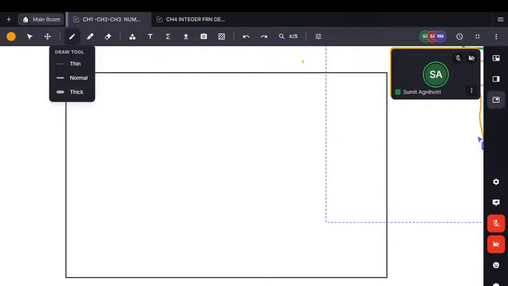Actually whole number is that circle, and all whole numbers are already included inside your integers. That's why integer will cover all those natural and whole numbers as well. And there is one more circle I'm drawing here. Do you know what it tells? It tells about your rational numbers.